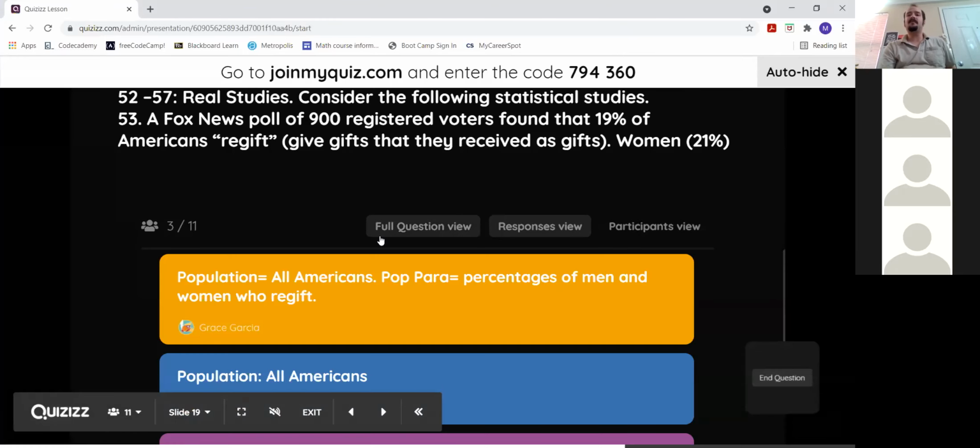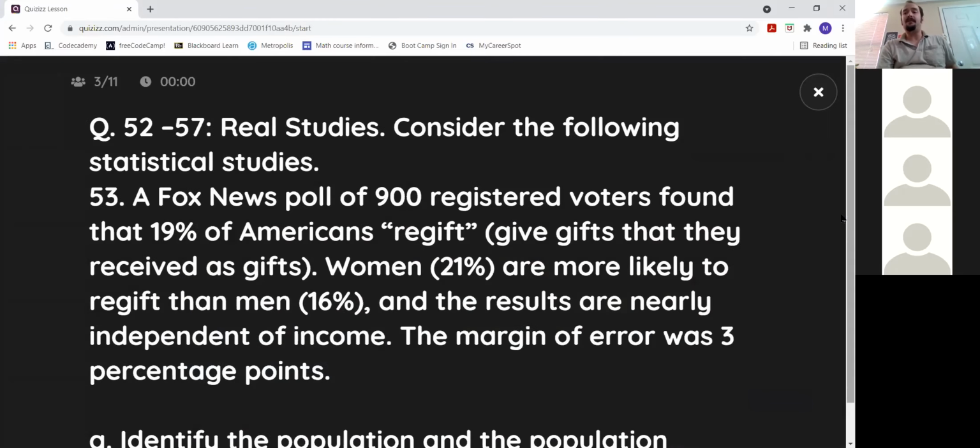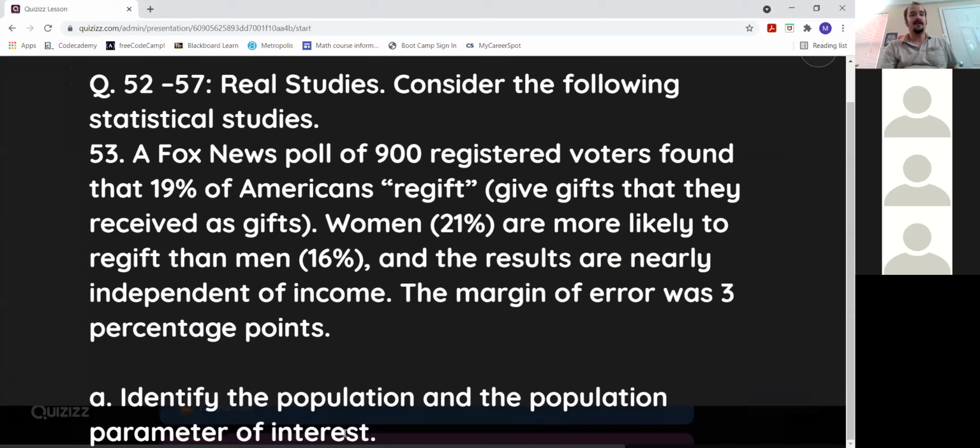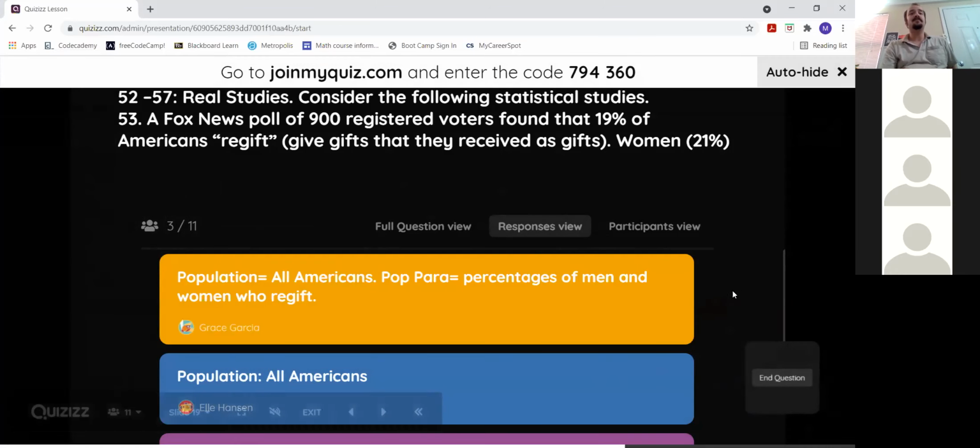My population is going to be all Americans here. The population parameter of interest is going to be the percentage of Americans that regift. So your population parameter talks about your population.